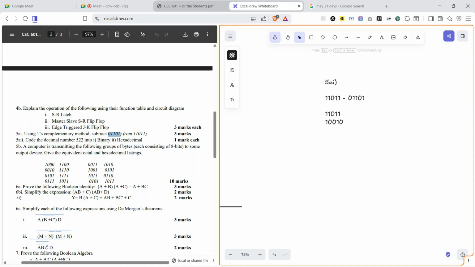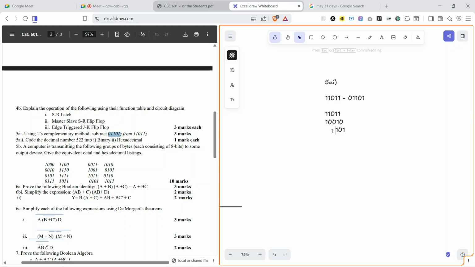Now, when you have this, the next thing you do is add. I know it's a subtraction, but you are going to add. That is how you get your answer. So we have 1 plus 1 is 10. So that will be 0, carry 1. Carry 1 here, so this will be 1.